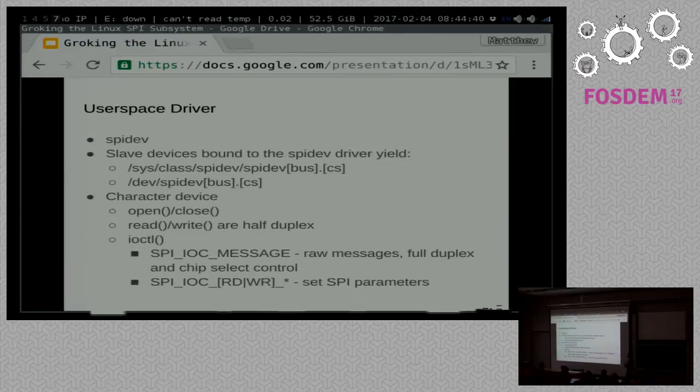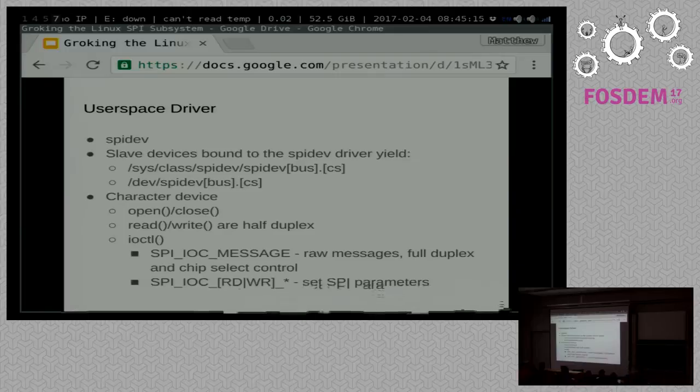Okay, so when you bind that spidev driver to an actual device using methods that we showed earlier, you get these instantiated. So you have spidev and whatever your bus dot your chip select. So that gives you that unique address per bus, remember? And so same thing, you'll see information on it under sysfs, and then you see that character device there. And usage of it is very straightforward.